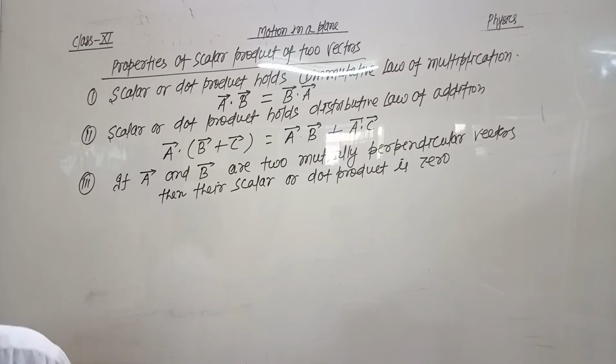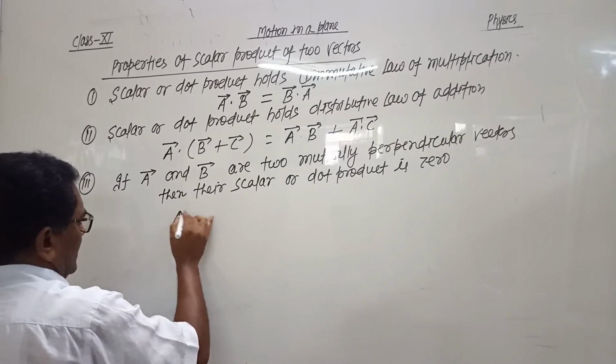How is the scalar or dot product 0? We see from the example.